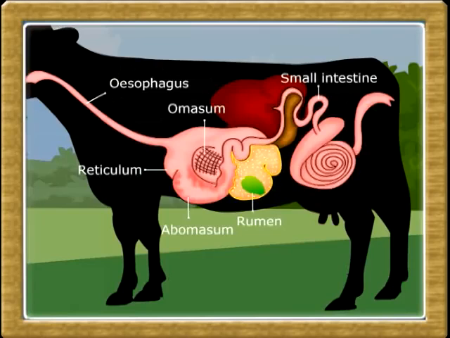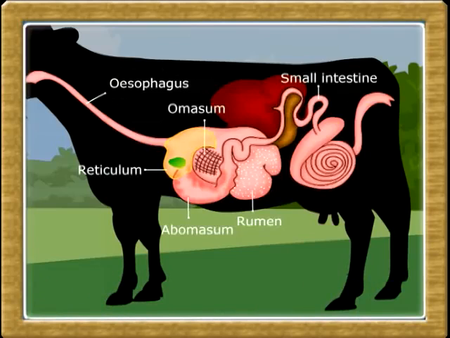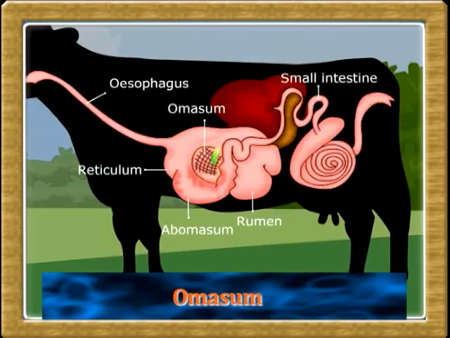The food is now sent to the second chamber, the reticulum. Enzymes produced by bacteria continue digestion in reticulum. The food is almost digested here. The fully digested food along with bacteria now enters the third chamber, the omasum.